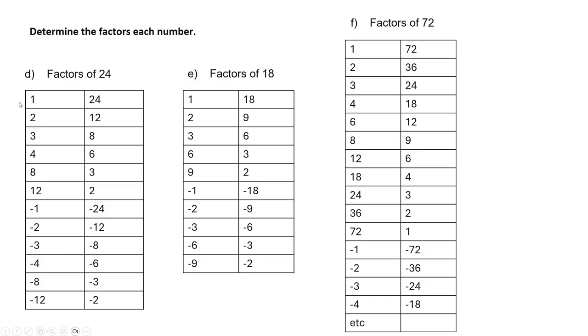Once again, we'll start with the smallest number. And here's a list of all the numbers that can divide evenly into 24. All the numbers that can divide evenly into 18. All of the numbers that can divide evenly into 72.